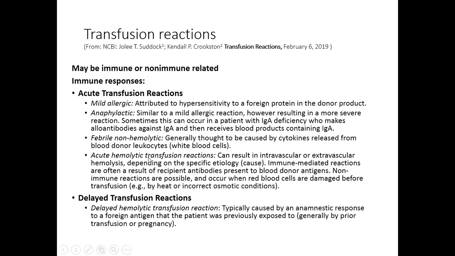So in acute transfusion reactions, we said that they can be intravascular or extravascular. Some of the intravascular ones could be the straightforward antibody-antigen reaction, but some of the extravascular ones can be things like the cells can be damaged before they ever get to you if they were not kept cooled before they were transfused.